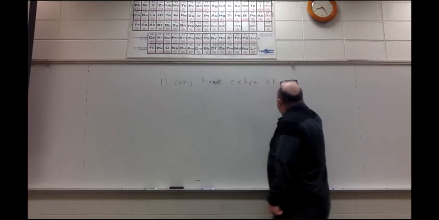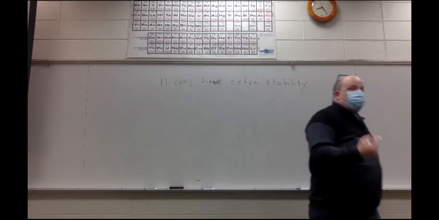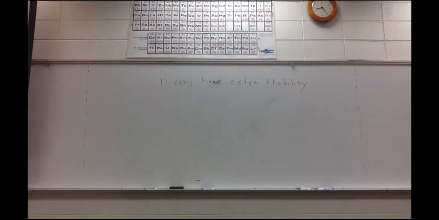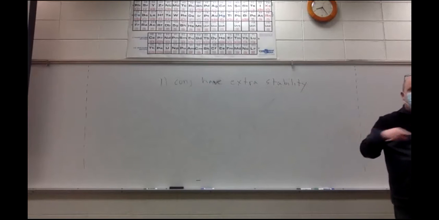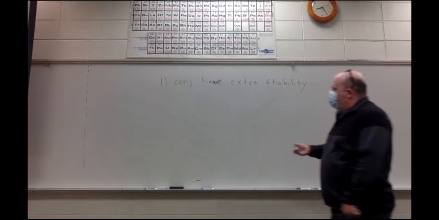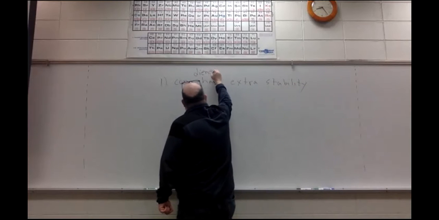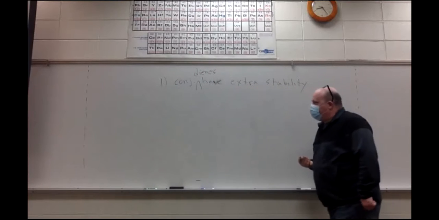We've talked about this. You can draw extra resonance structures that give stability. You have a large amount of space for extra p orbitals to overlap each other, again helping delocalization. So I forgot to put the dienes here. How embarrassing. Right, so they have extra stability.